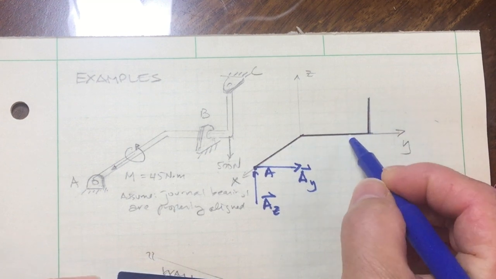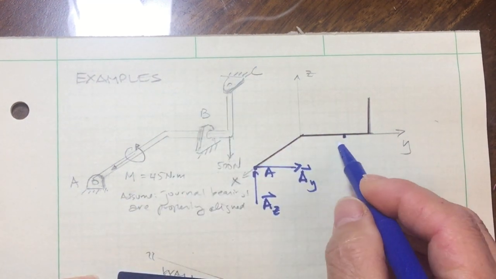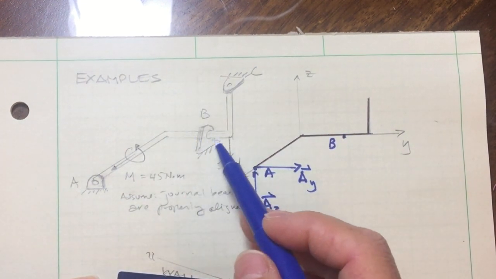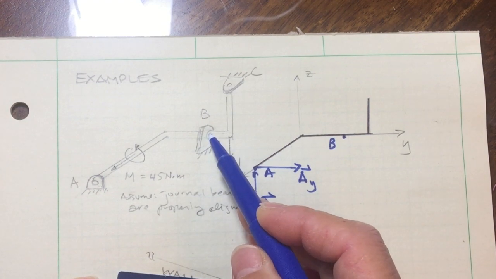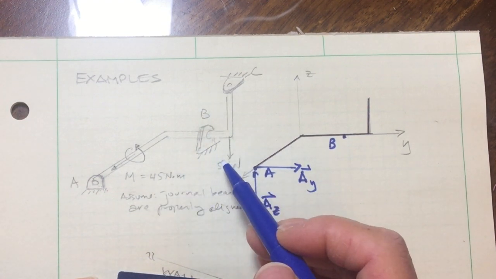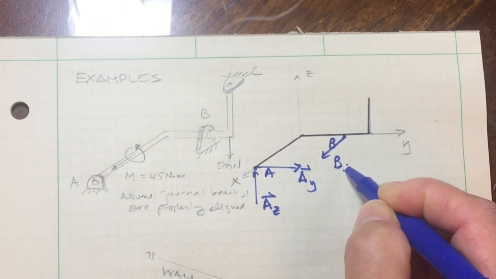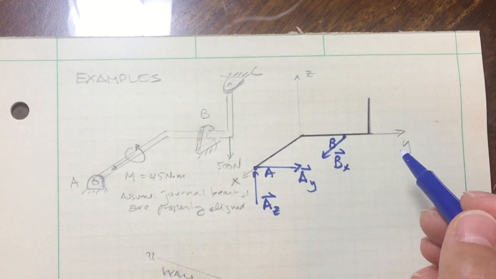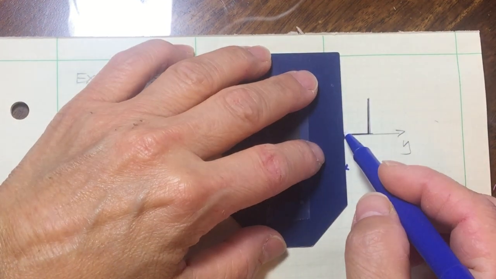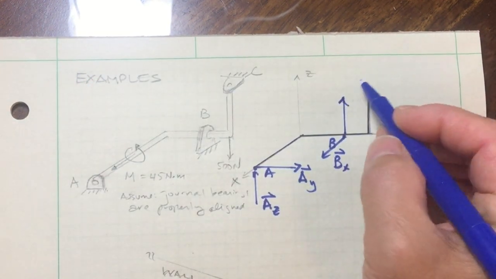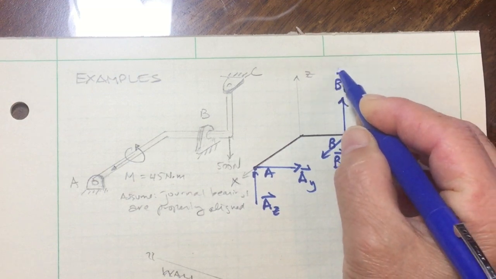At B, which is right here, it too prevents translation in the x and the z. Therefore, we'll have reaction forces in those directions. So this will be BZ.